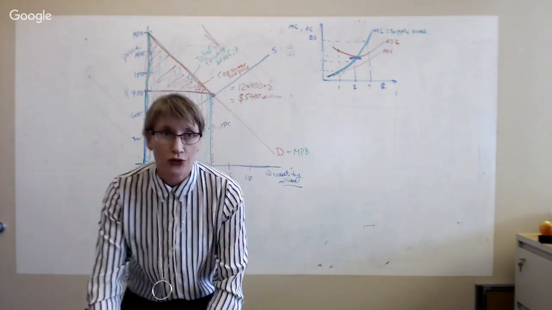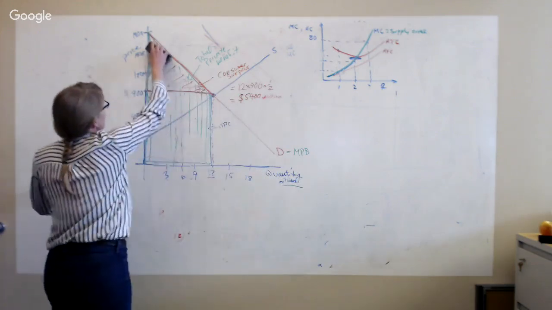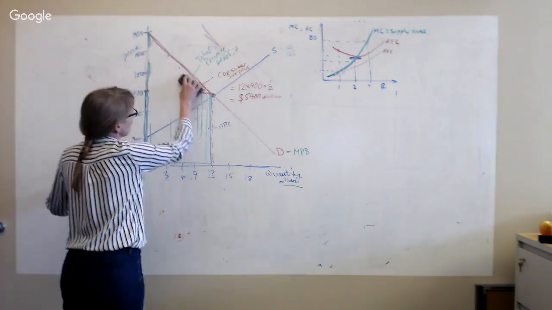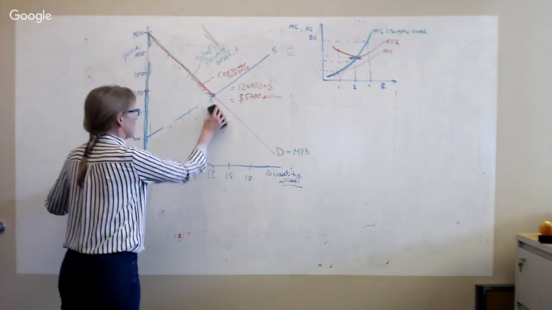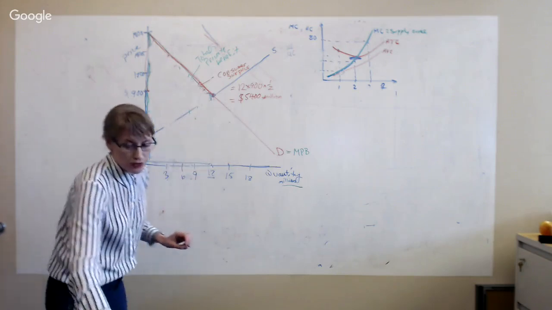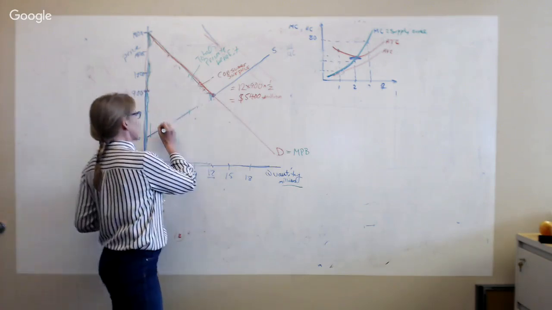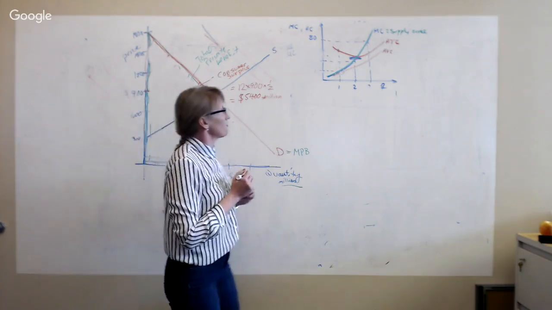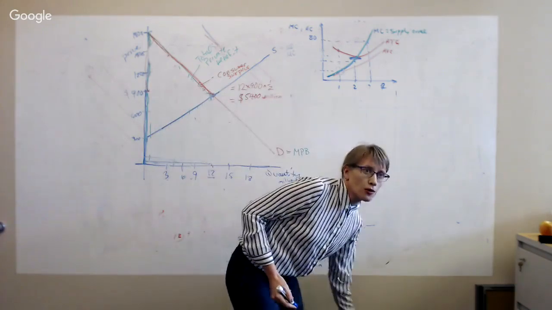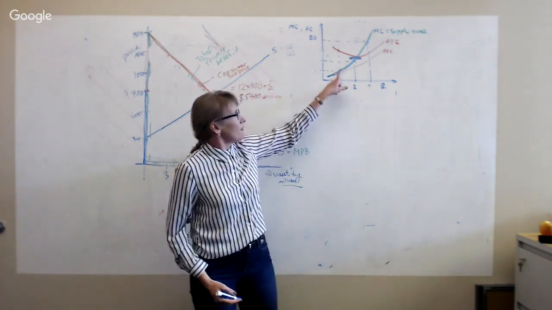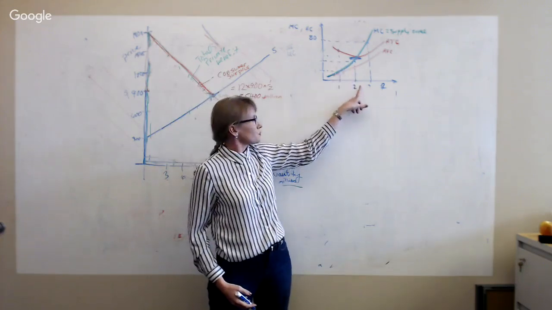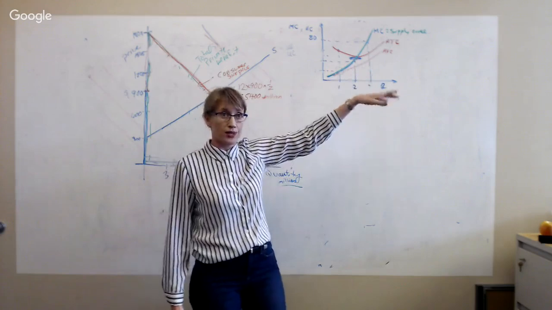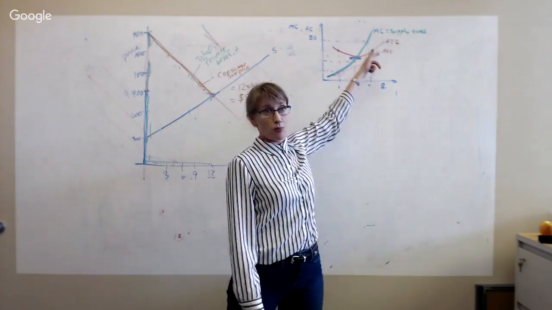Okay, producer surplus is next. So let's erase this mess I've made here. And then let's think about our producers. So Professor Fernando's graph is going to come in handy again, because we can look at the quantity that our firms are willing and able to supply at every possible price.